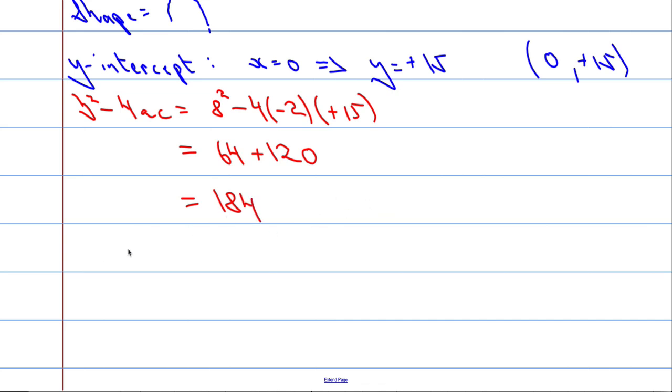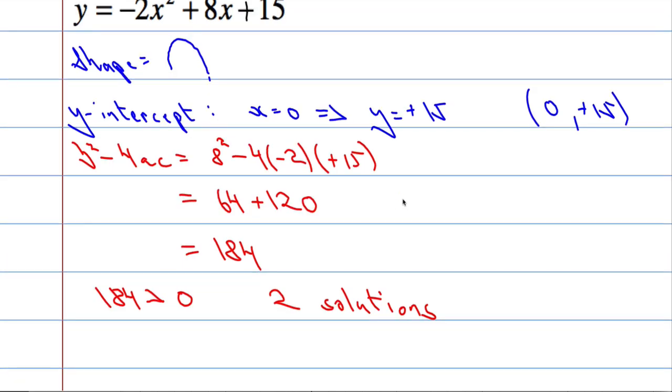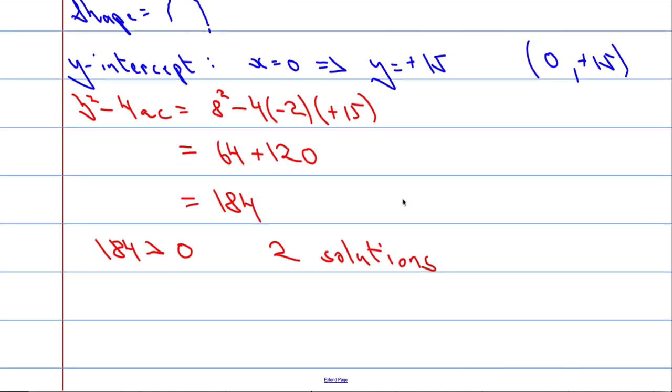And 184 is greater than 0. So we get 2 solutions. Okay, 2 solutions. Now this is going to be tricky, but we'll see how we go.